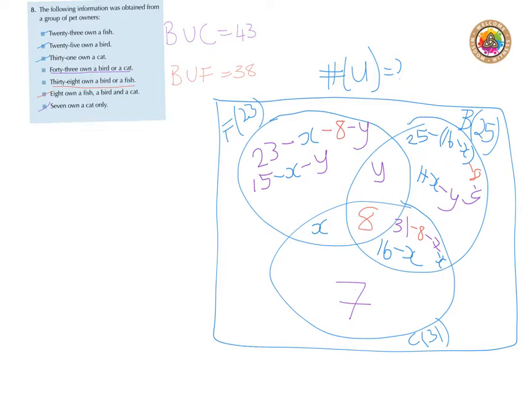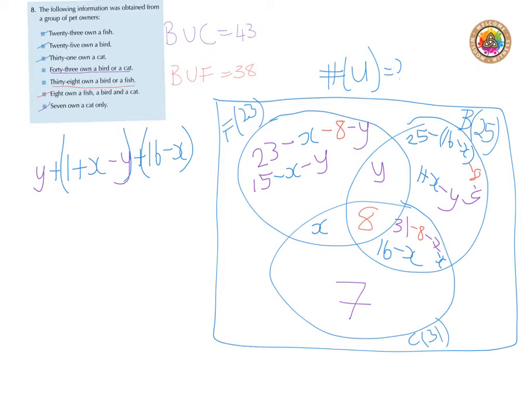So joining those 2 circles together, first of all, I have Y, plus 1 plus X minus Y, plus 16 minus X, let me just put brackets around that, and brackets around this one here.